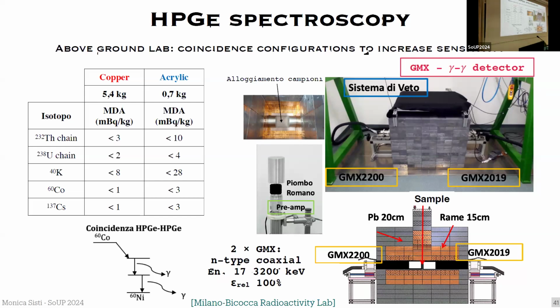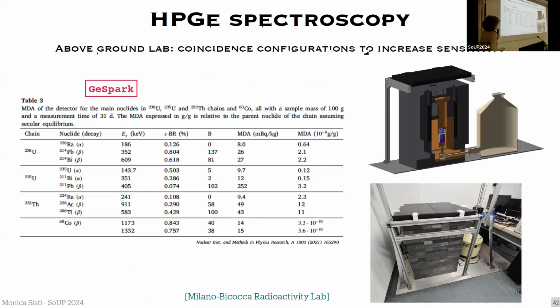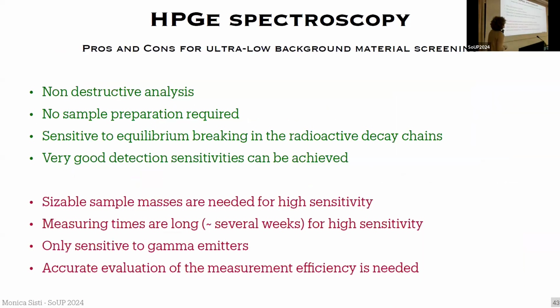Of course, they are not comparable with the Gran Sasso ones, but still good. And we have another detector used for beta-gamma coincidence measurements, and these are the minimum detectable activities for this system. I will explain why we developed this detector in a few minutes.